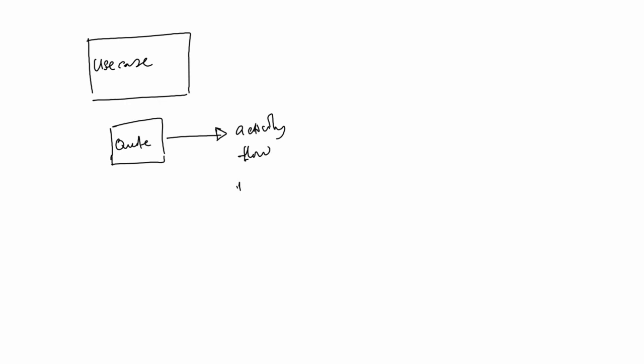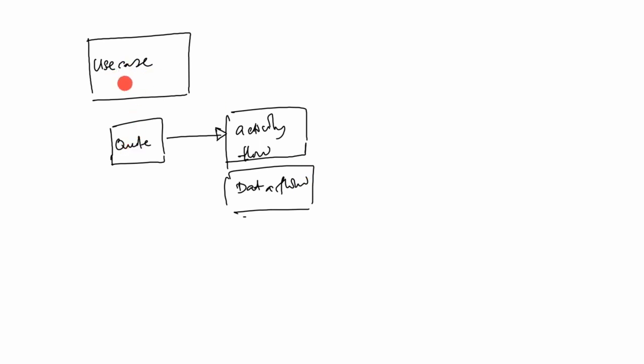Yeah, you would also have data flow. Okay, your activity flow and data flow are basically the same sort of thing. Once you understand the activity flow, you will understand how the data will flow as well. Okay, all good. So your quote system is one use case.